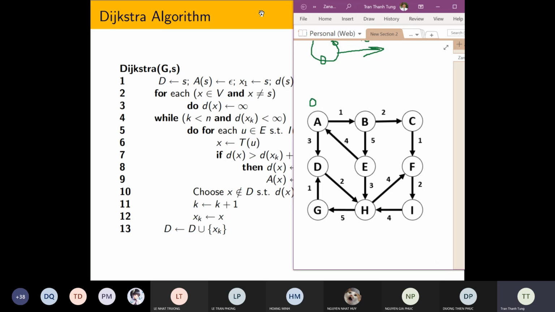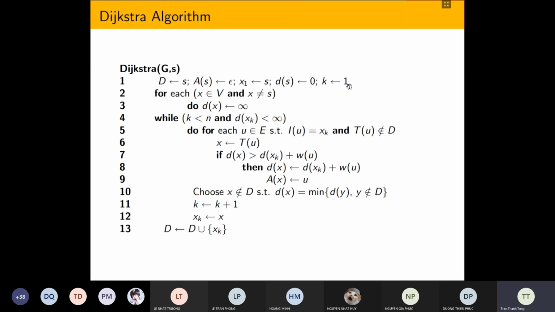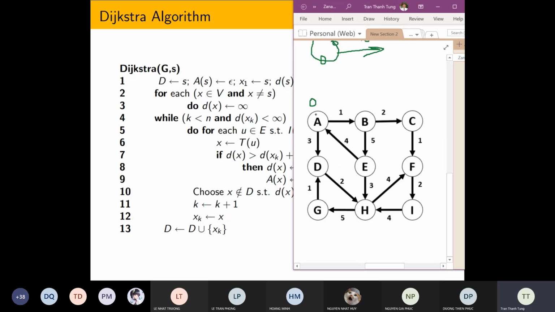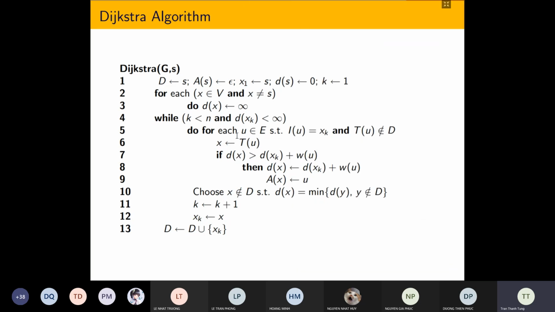Now we increase k by 1. At the beginning we said k is 1, and x1 we set to S, so we start from A. Now for each edge whose initial vertex is xk, in this case A, and whose terminal is outside of the marked set, we take it.